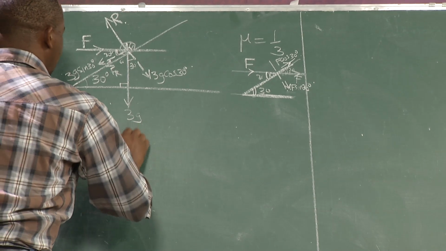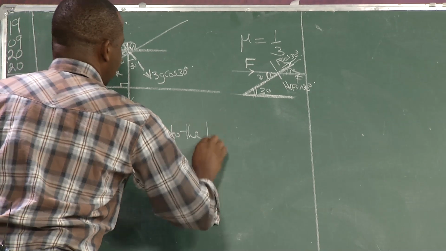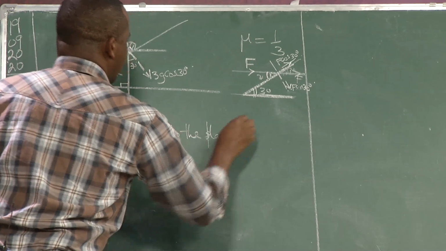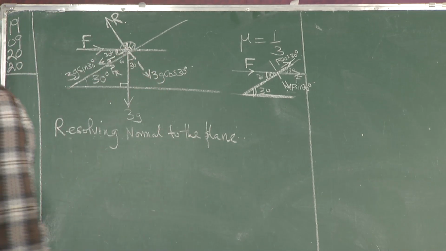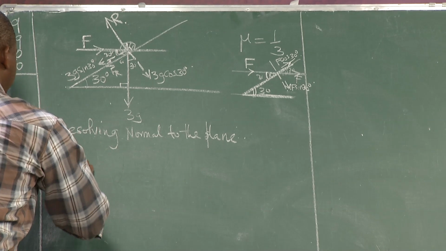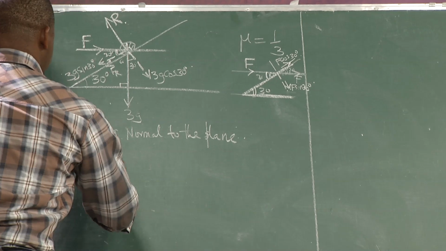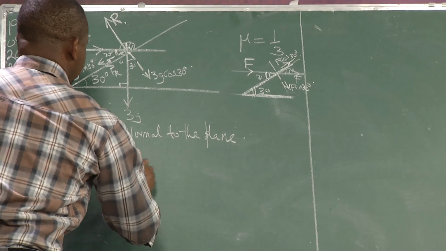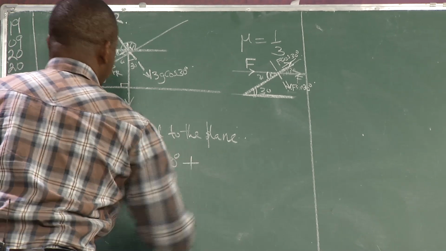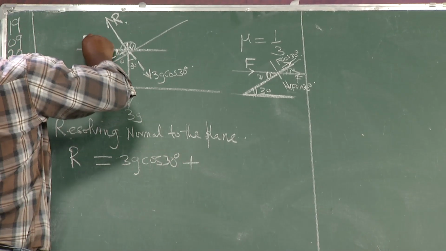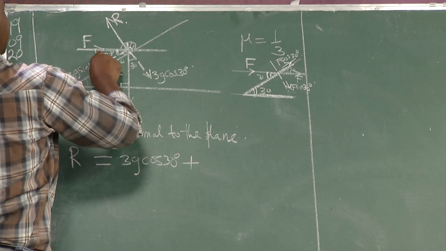If we resolve normal to the plane, normal to the plane is along the reaction line. We will have R, which is going up, being equal to 3g, the cos of 30 degrees, plus, when we resolve F along normal to the plane, the perpendicular will be here.